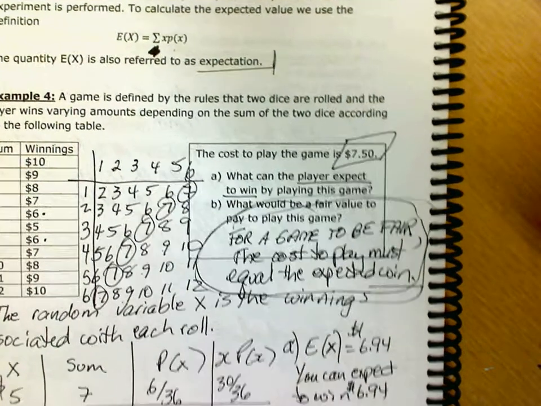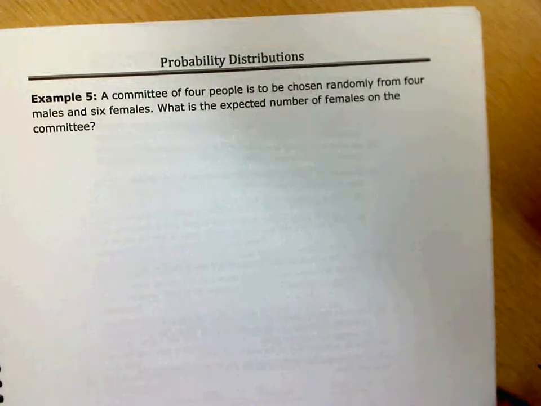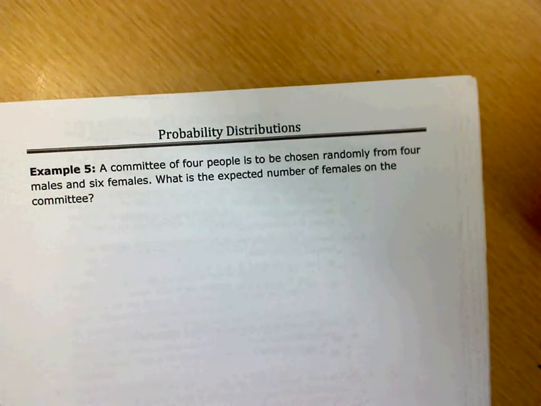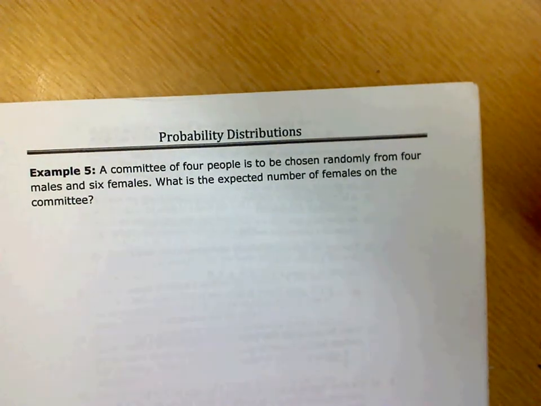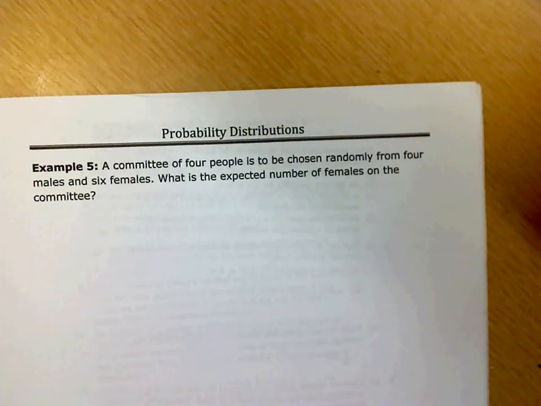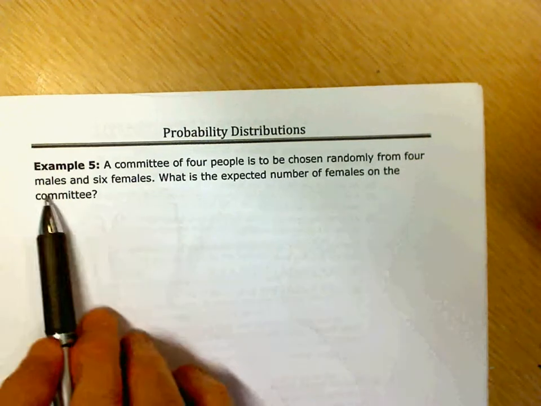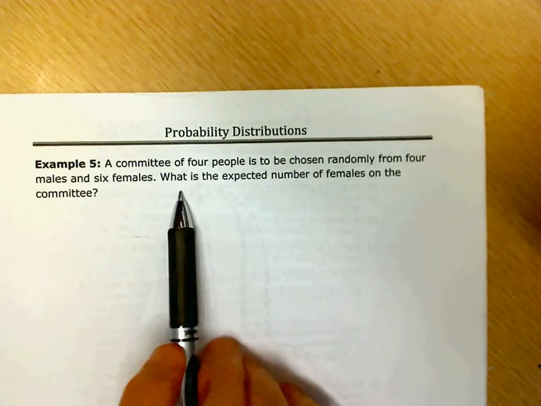Okay, let's do a committee of 4 people. When we're choosing committees, order is not important. A committee of 4 people is to be chosen randomly from 4 males and 6 females. What is the expected number of females on the committee?